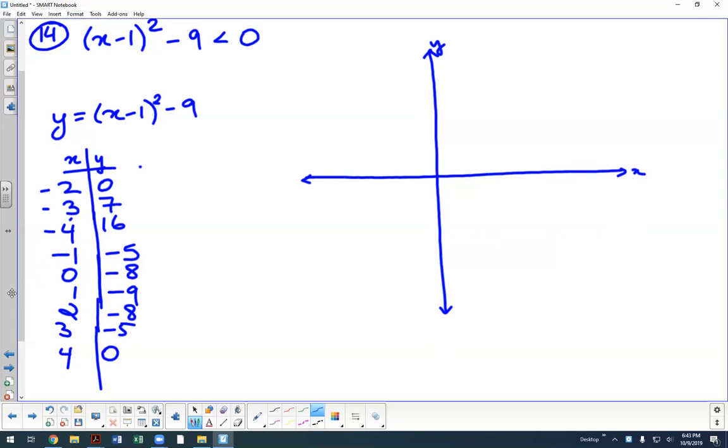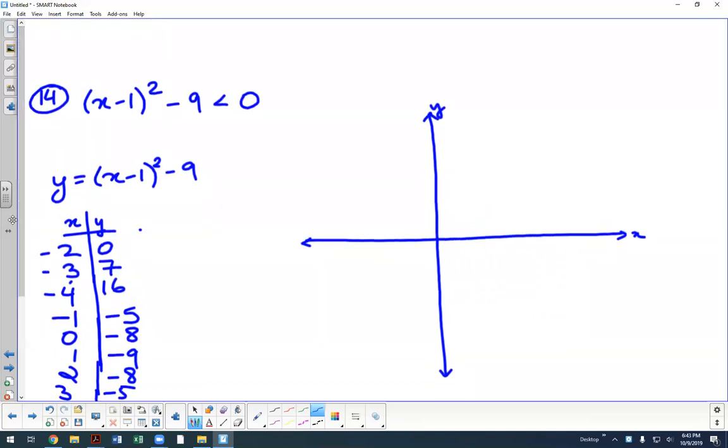And so we are going from -4 to +4 on the x-axis. How far are we going? 16, so we won't be able to do that, but we've got -9.